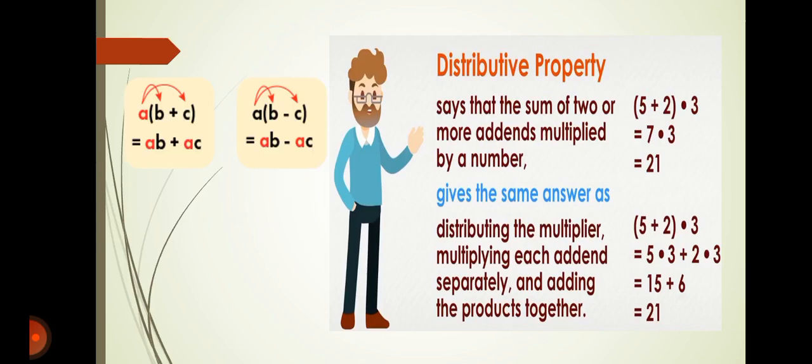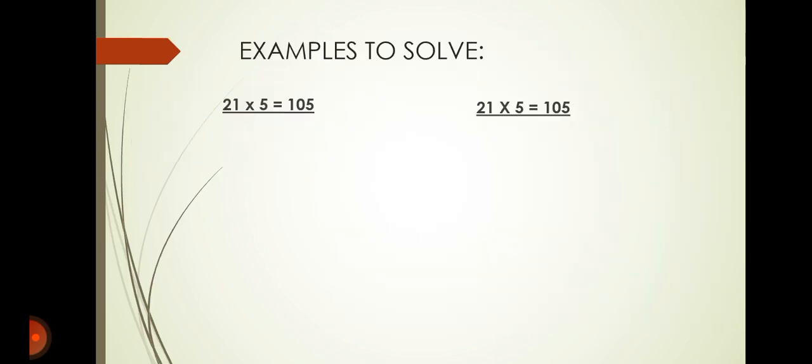So 15 plus 6 gives us 21, which is the same answer. Distributive property also holds true for multiplication over subtraction. That is, A times (B minus C) is the same as A times B minus A times C. We will solve a few examples so you will get more clarity.